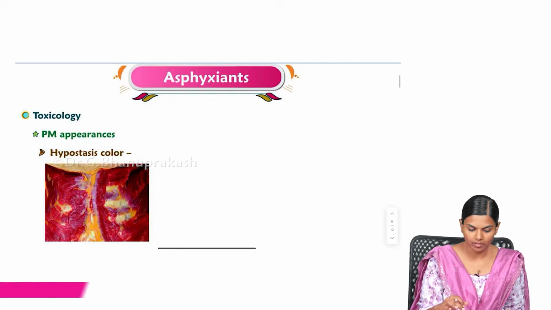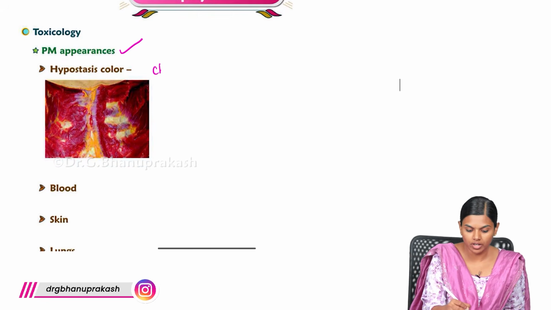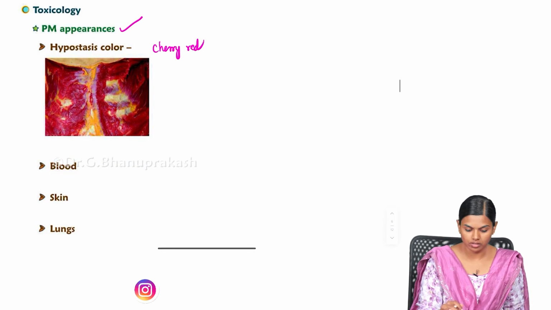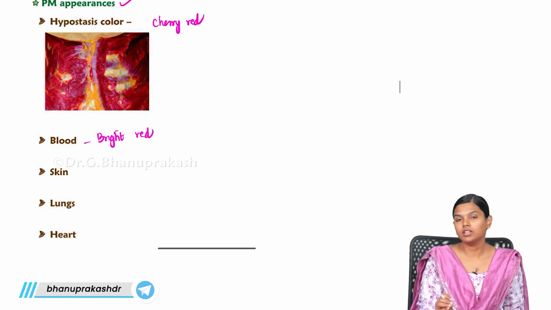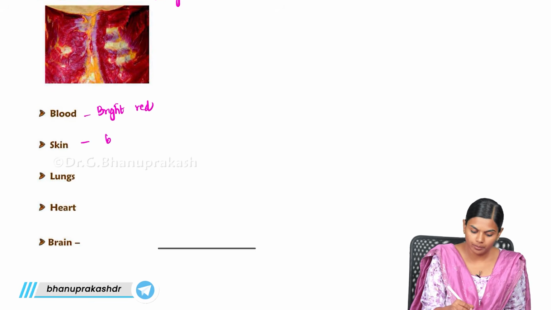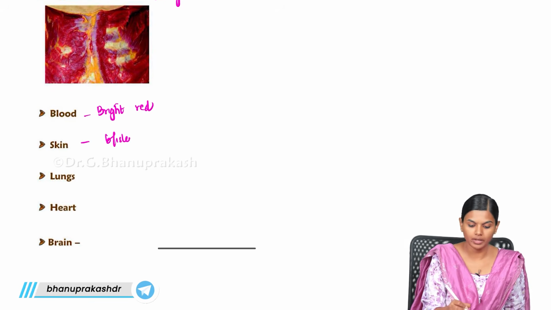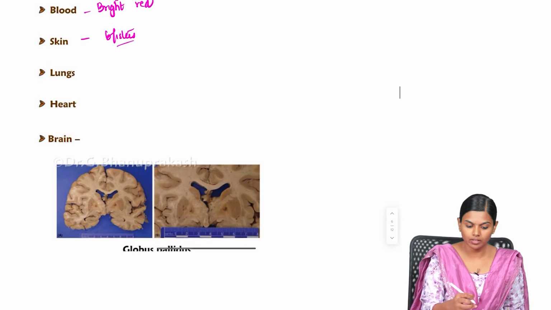Next, we have the post-mortem appearance. When the person dies because of this, you will get a cherry red color. This cherry red color hypostasis, and the blood, everything will be bright red. Only a very striking red color, and sometimes you will see blisters in the skin, and lung and heart, everything will be affected.